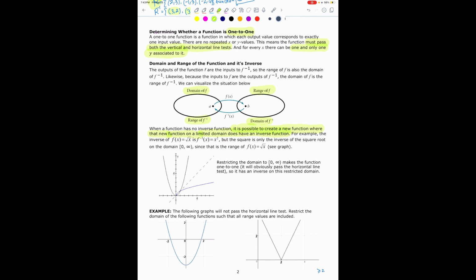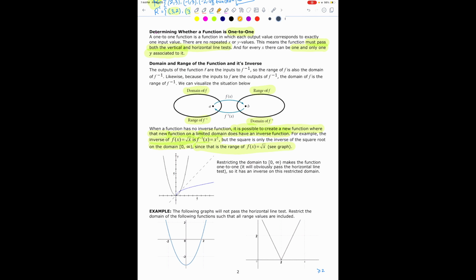For example, the inverse of the square root of x is x squared. The f inverse of x, the square root of x, is basically x squared, but the square is only the inverse of the square root on the domain from 0 to positive infinity, since that is the range of the original function, which is f of x equals the square root of x.